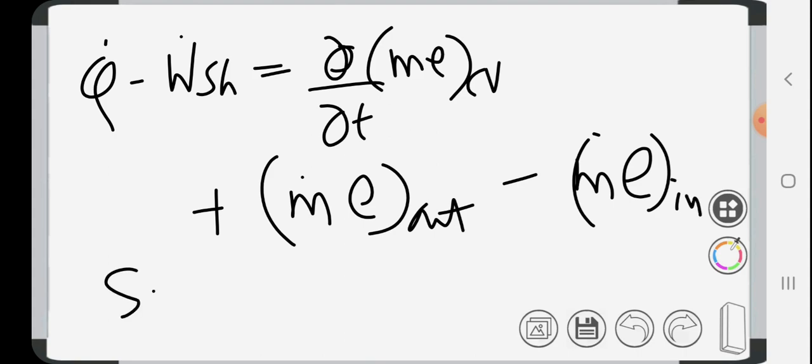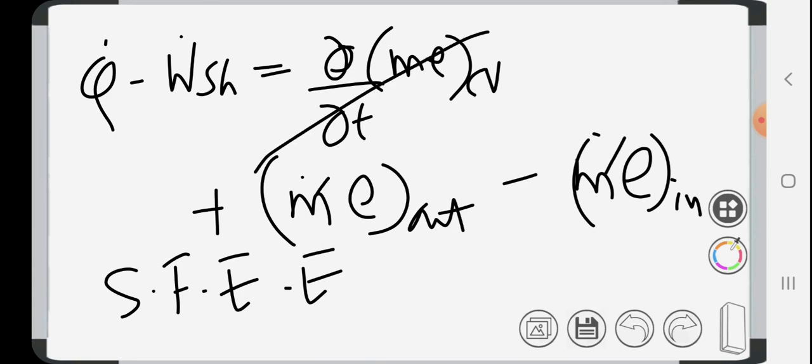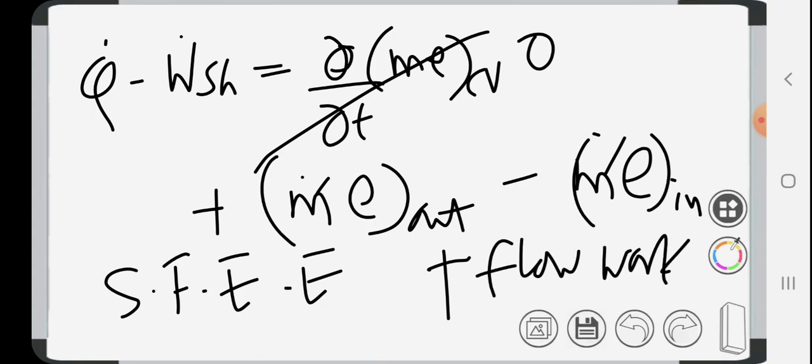Since this is SFEE, steady flow, m remains constant and this term cancels because this is with respect to time, so this will be 0. Now we have to add one more term here, flow work, because here only shaft work remains and flow work comes to the right hand side.